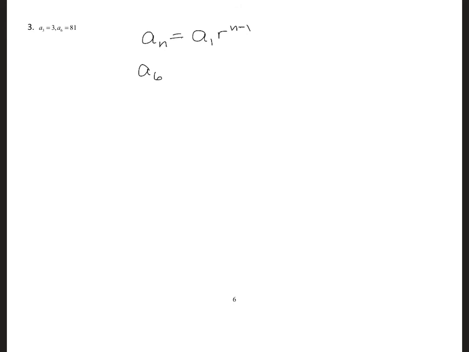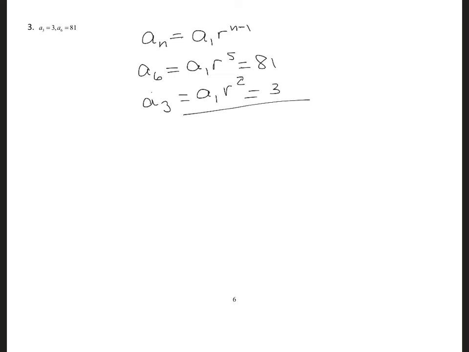The sixth term is given by the first term, and then r, n is 6 because this is going to be n minus 1 and n is 6. So to power 5 is equals to 81. And then the third term is given by the first term, then this is going to be r, 3 minus 1. And this is going to give me 3.